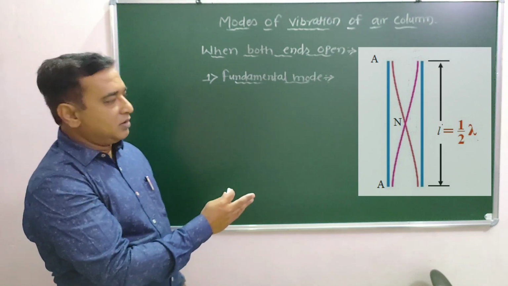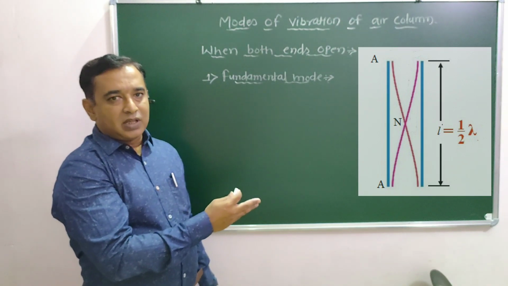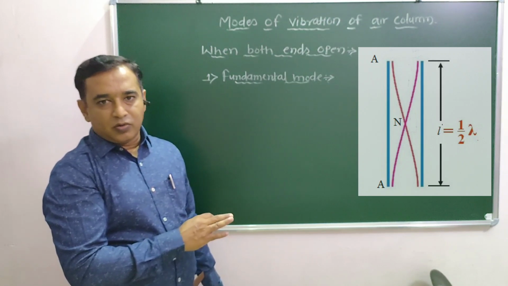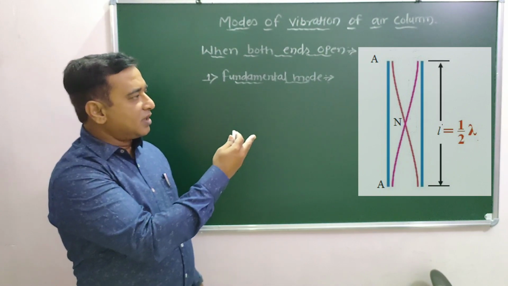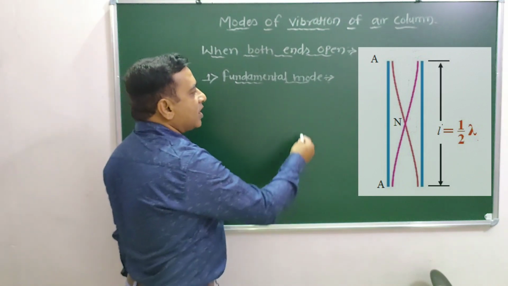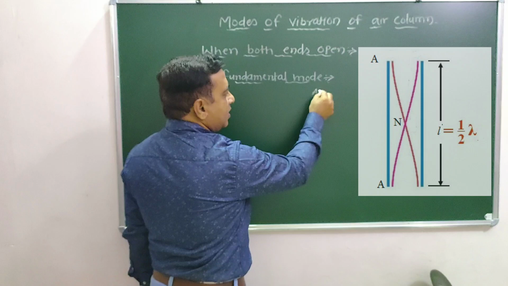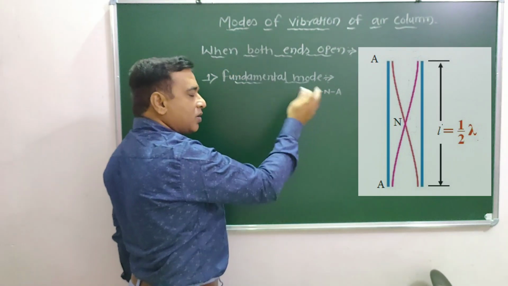We have the antinode at both the sides. Always we know the conclusion that antinode exists at the open end, node at the closed end. There is no closed end, but still the node is there, at the center. So how many nodes and how many antinodes are there? Starting from the top: antinode, node, antinode.